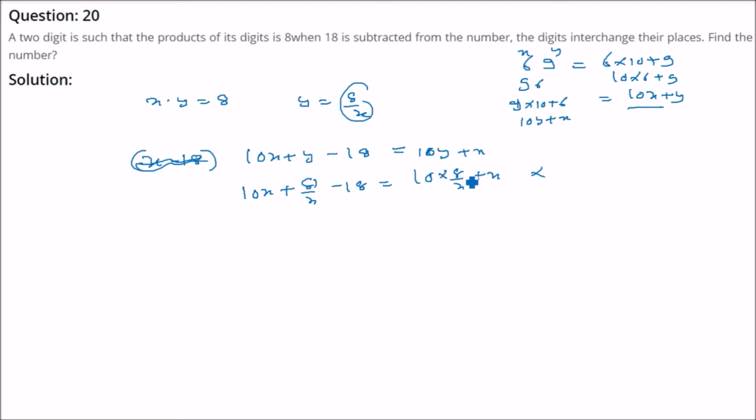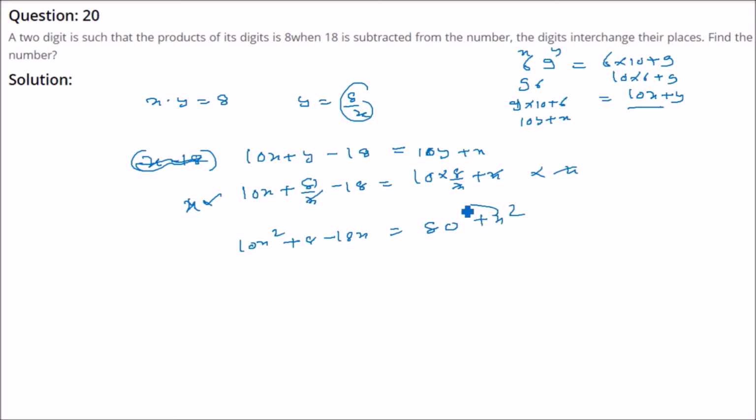Now multiply both sides by x. You get 10x square plus 8 minus 18x equal to, here this x gets cancelled with this one, so you get 80 plus x square.